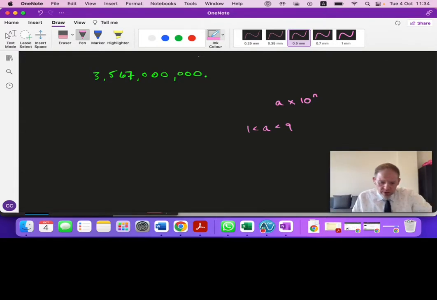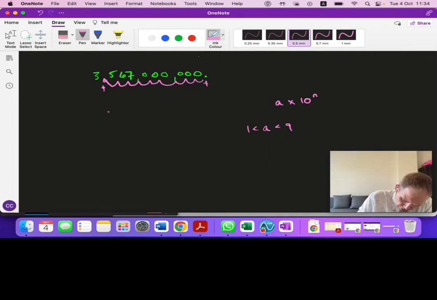So I'm going to move my decimal from here all the way to this point here. To do that, I'm going to have to move it once, twice, 3, 4, 5, 6, 7, 8, 9 spaces. So 9 spaces overall.